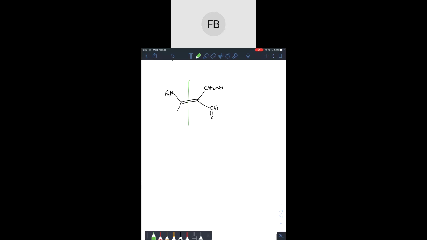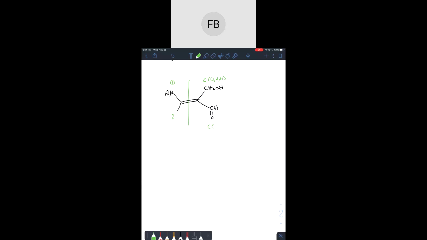In this case, on the left, nitrogen is heavier than carbon, so that one is the winner. On the right, on the top, we have a carbon attached to an oxygen and 2 hydrogens.